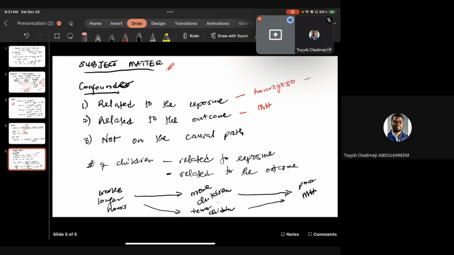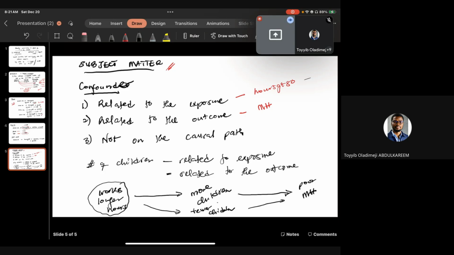Or some way of thinking along this pathway, i.e., is the number of children affected by the hours that the person works? We already believe that having more children affects mental health. So do you think working long hours affects the number of children? That's the question.